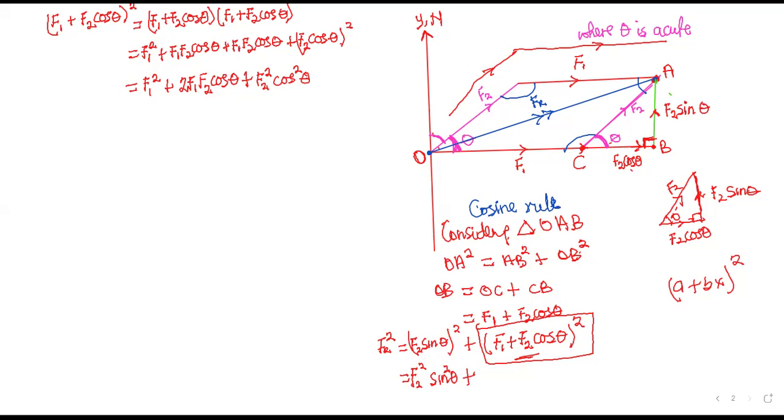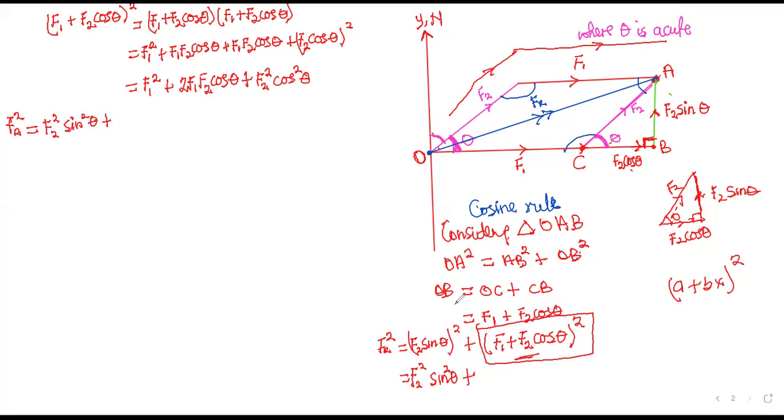All right. So this is the expansion. So let's bring them together. FR squared. Don't be frightened. We are just deriving a formula to use. F1 squared is equal to, when we expanded, F2 sine theta squared, we had F2 squared sine squared theta.